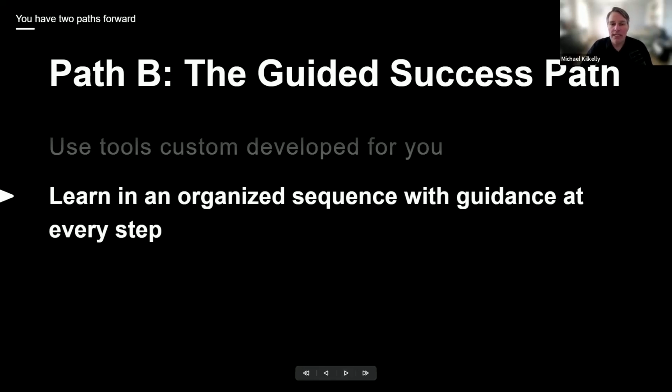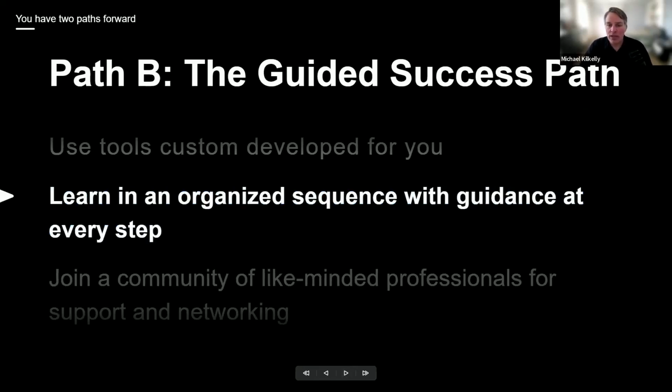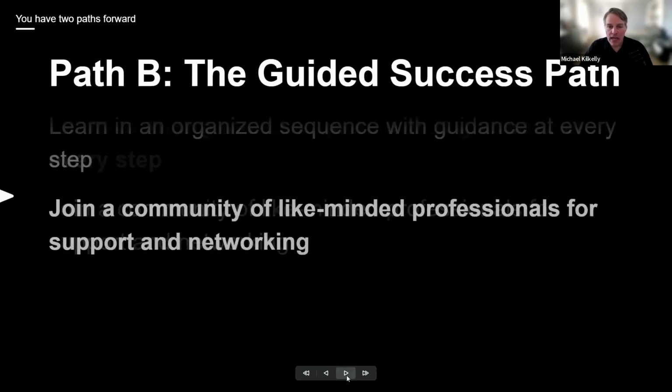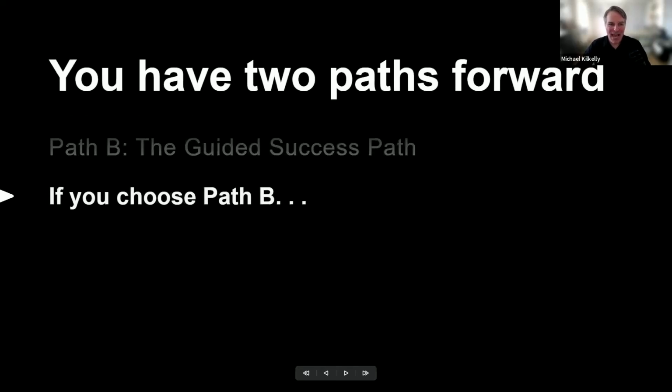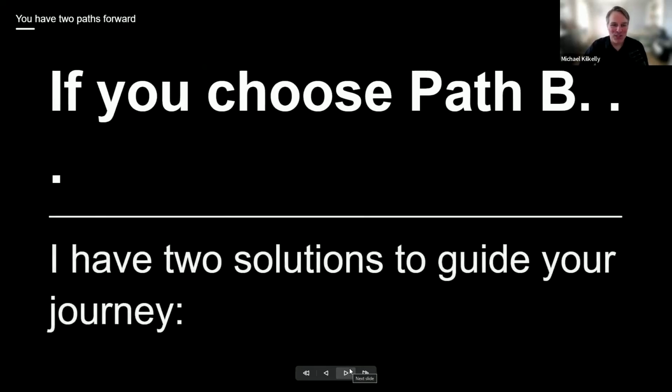And then you're learning in an organized way with guidance at every step. And I think this is important as well, having a community of other professionals like you to give you support, give you answers, and give you some inspiration as well. So that's path B. So if you want to do path B, I have two options for you, two solutions to guide your journey.